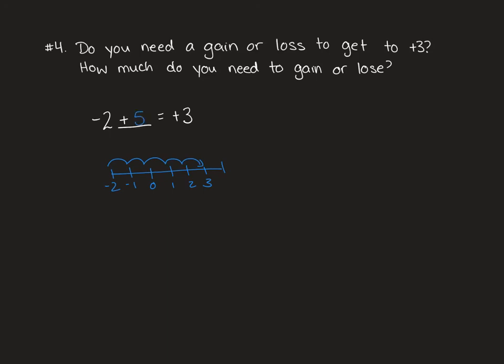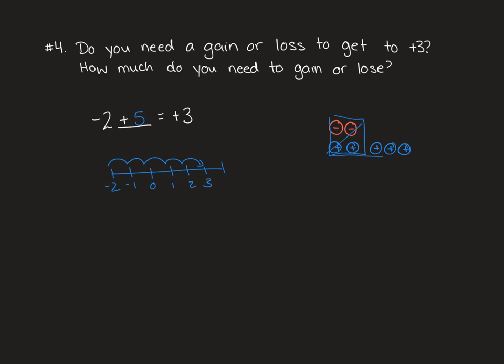You could also think of integer chips. So you could start with, okay, I have 2 negatives, and I'm trying to get to positive 3. So 2 positives will help me cancel out what I have here, and then I need 3 more positives to have 3 positives on their own. So this would make positive 3.